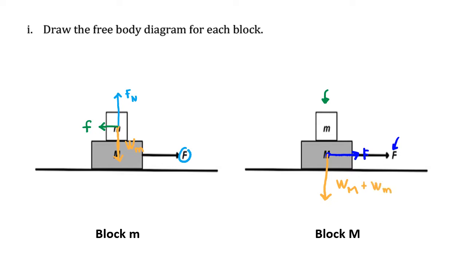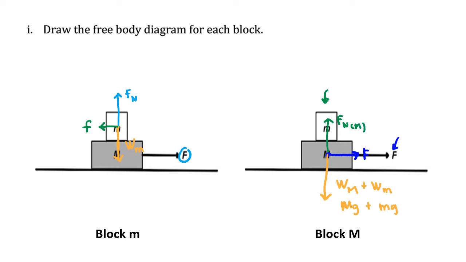So if we are going to rewrite this, it's just going to be capital Mg plus small mg. And we also have normal force since the bigger block of wood is in contact with the ground, so there is a normal force acting on it, and we would call that Fn of the bigger block M.